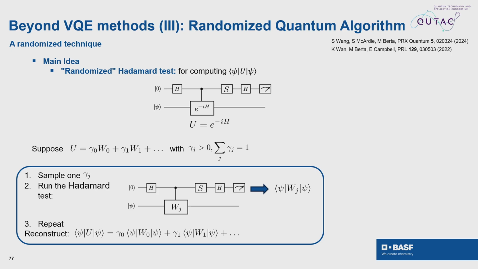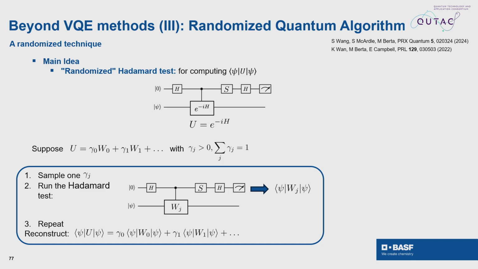You have to find an expansion that can be written like a convex combination of unitary operators omega j. And this in principle is always possible. What's also nice in this technique is that in general these operators W don't have a huge non-Clifford number of gates.